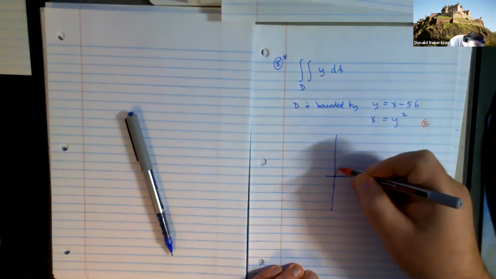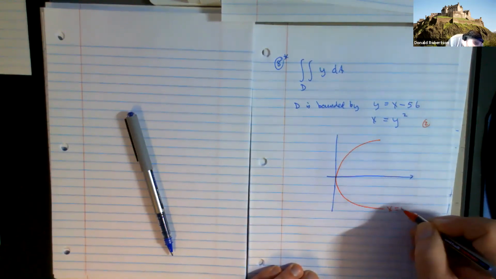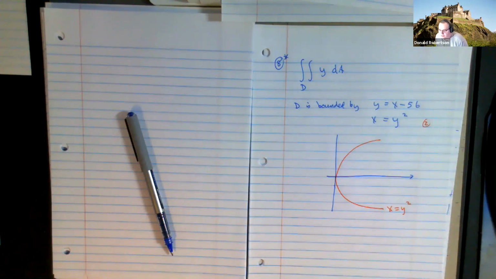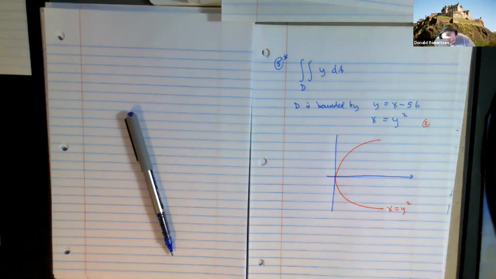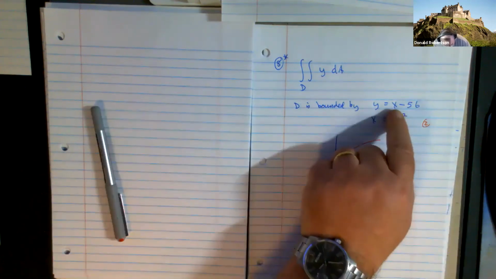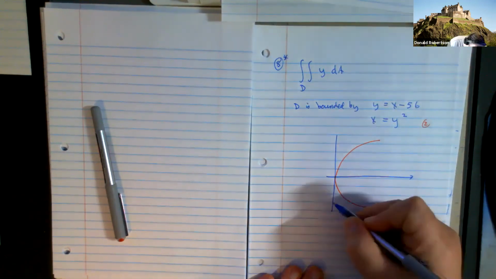To save time, can you trust me that if you put equation 2 into Desmos, that's what x equals y squared looks like? I did it just for speed. Now, the line y equals x minus 56 is a straight line and it starts here.